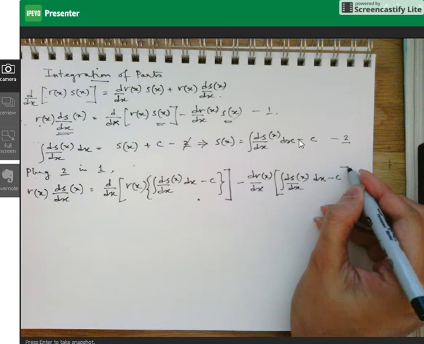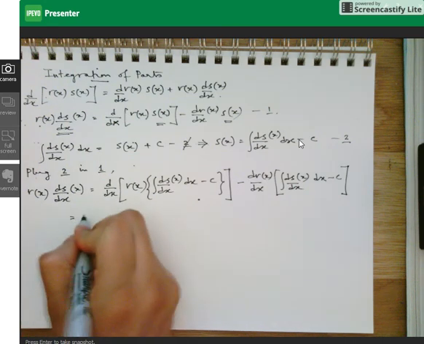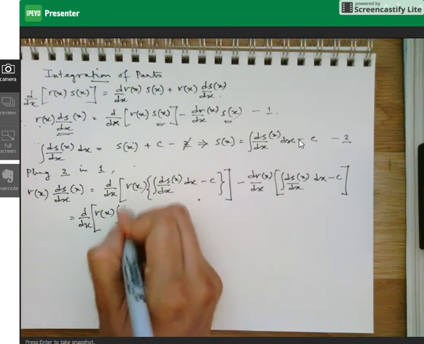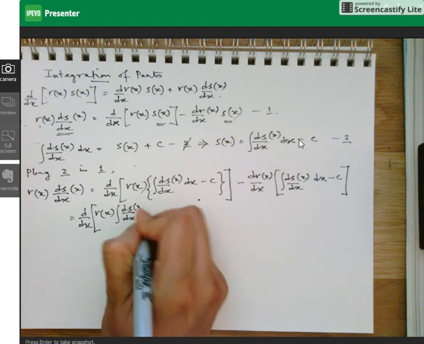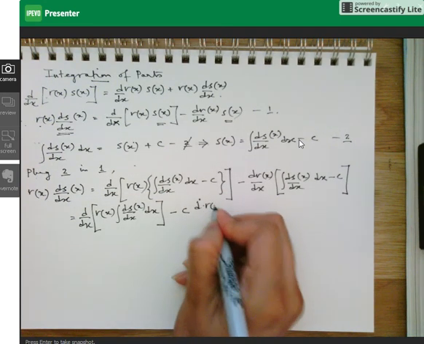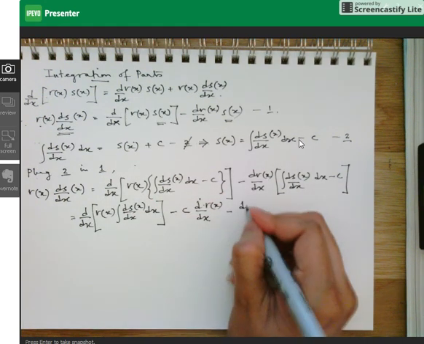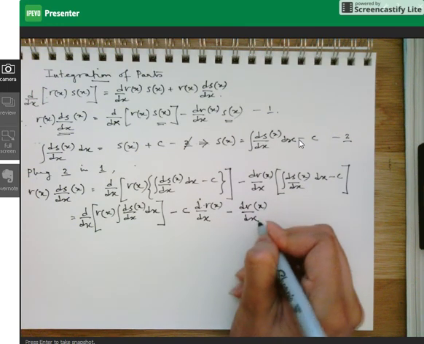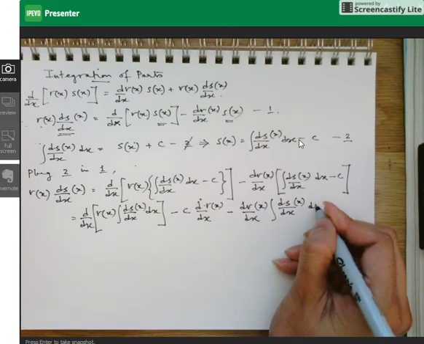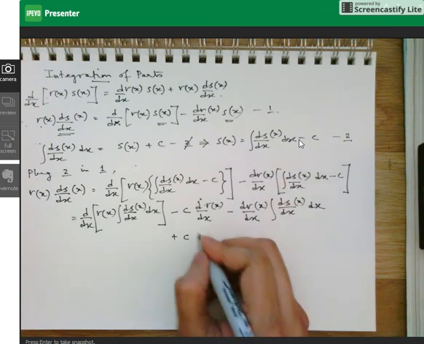Okay, so if we just simplify this a little bit, this would be given by d/dx of r(x) times the integration of ds/dx with respect to x minus c times dr/dx, then minus dr/dx times the integration of ds/dx with respect to x plus, this minus minus plus, c times dr/dx.